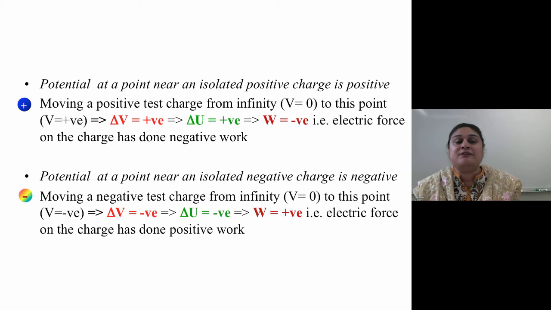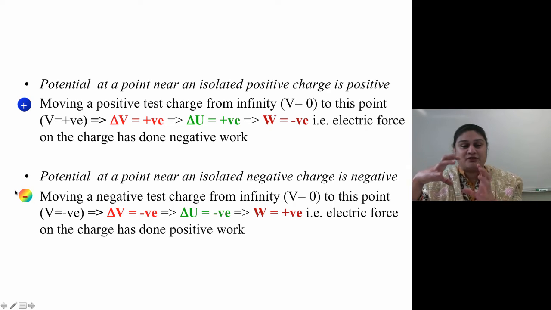If you have an isolated negative charge, moving a test charge from infinity to close to it will require negative work, which will imply negative potential energy and in fact negative potential.